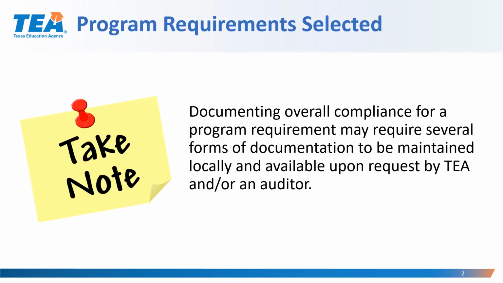Before we begin, we want to point out that documenting overall compliance with a program requirement may require several forms of documentation to be maintained locally and available upon request by TEA and/or an auditor.